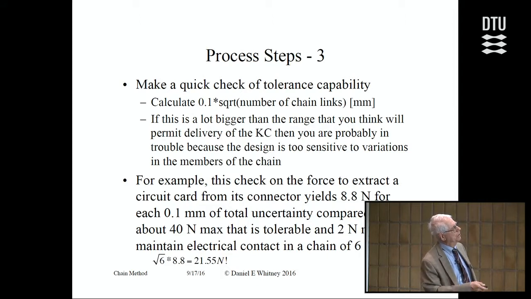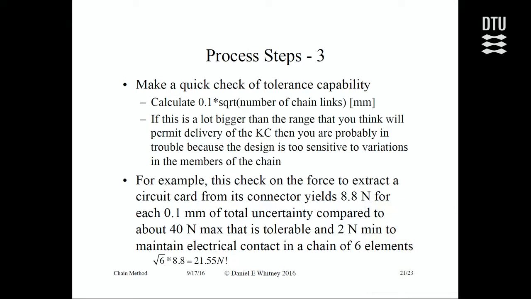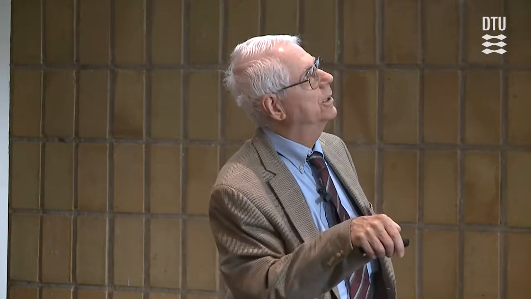So this particular design ended up with, when you include the stiffness of the spring, the square root of 6 times 8.8 newtons per 1/10 of a millimeter, or 21 newtons of variation, and the whole range was 2 to 40. This is not a robust design. Half your allowed range is just in the variation, and it's only 1/10 of a millimeter at each place. And the problem is the stiffness of the spring. It was a very, very highly sensitive design.